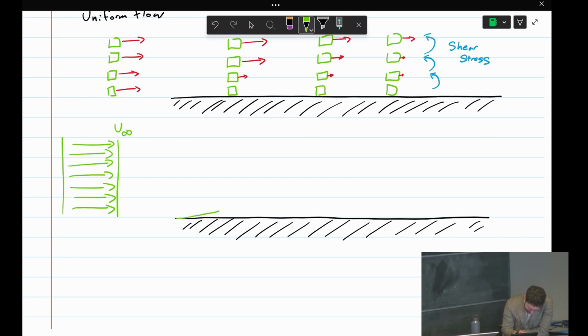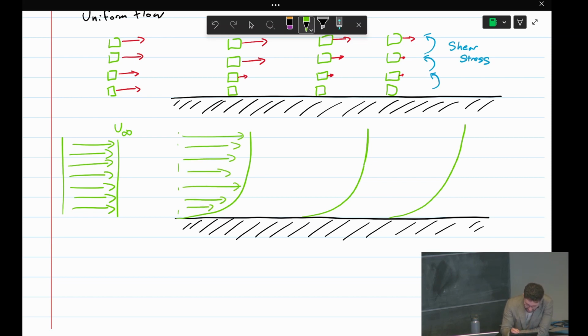When fluid hits the wall here, we have something like this. So these lines here are kind of the edge of the profile.